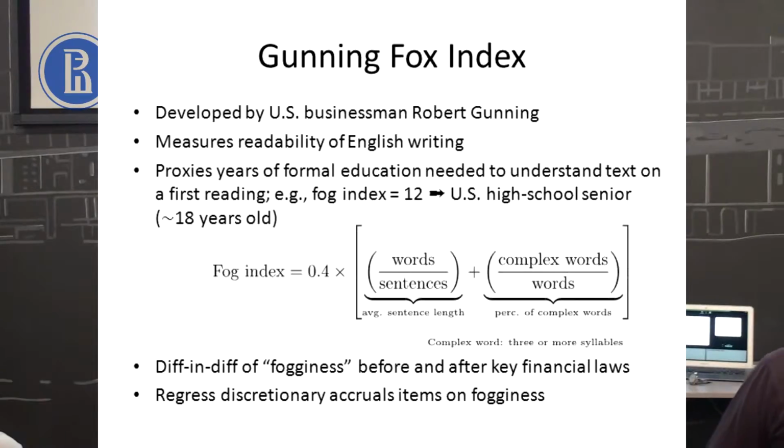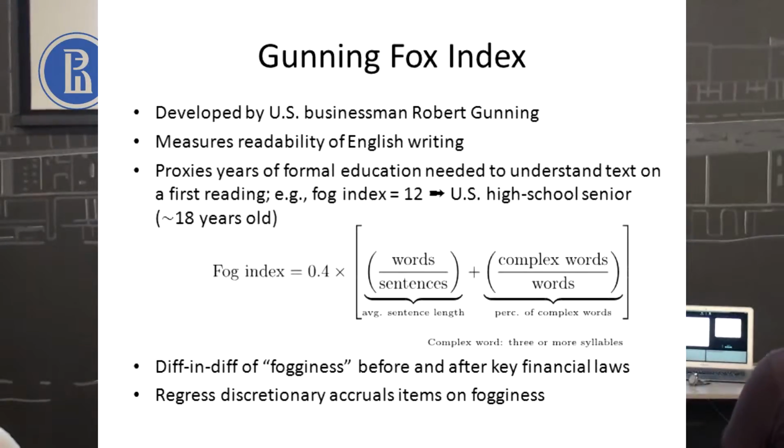If I use a more complex language, my sentences are going to be longer. And how many complex words are in the total number of words. And a complex word is a word with 3 syllables. Times 0.4. Why 0.4? Because this is the calibration variable. And this formula yields how many years of education I have to have to be able to read a text.